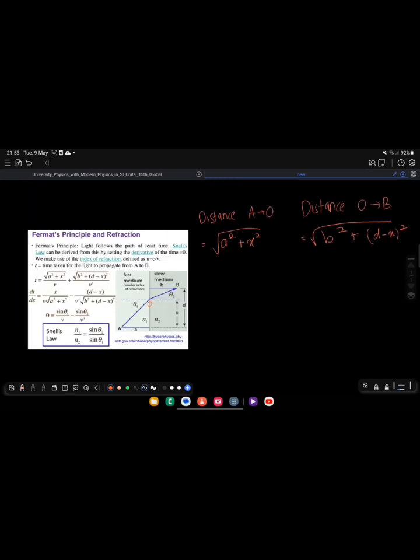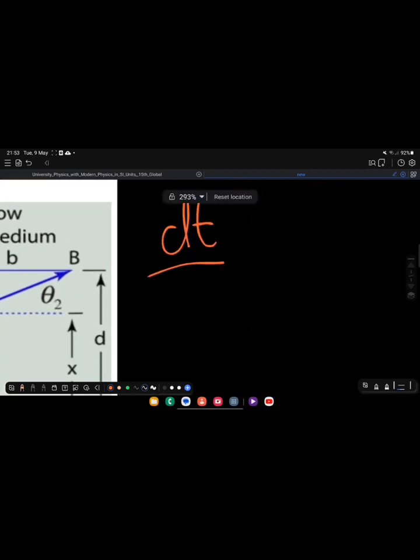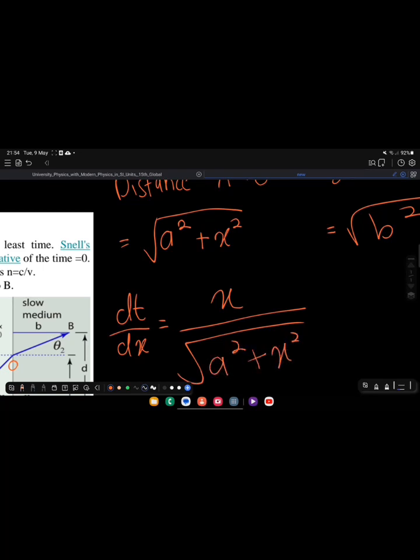Then when we perform the derivation, when we find dt over dx for the distance from A to O, we will get x over square root of a squared plus x squared.